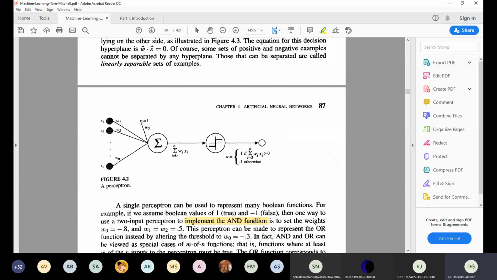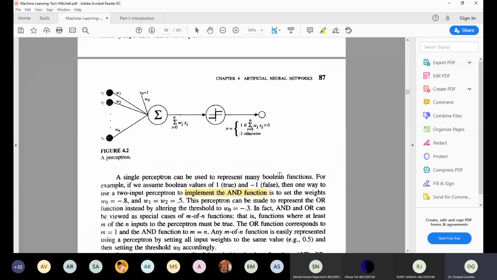You know that an AND function provides the output as 1 when both the inputs are 1. Now consider this as an AND function with two inputs x1 and x2. If any of them is 0, then output is 0. If both of them are 1, then only the output would be 1.